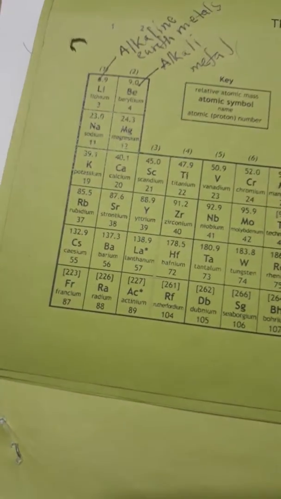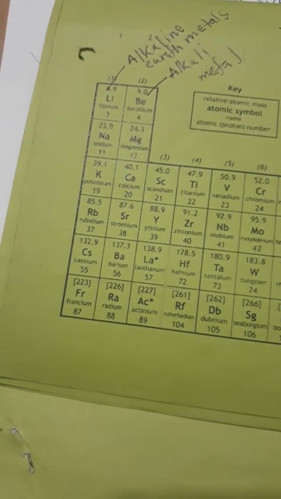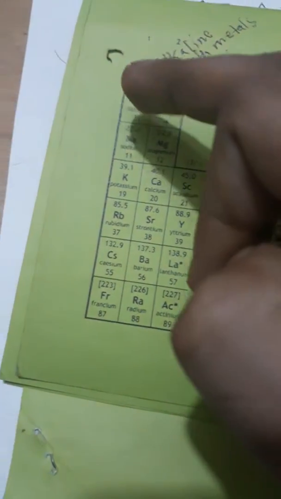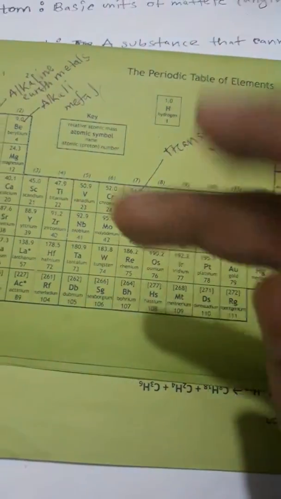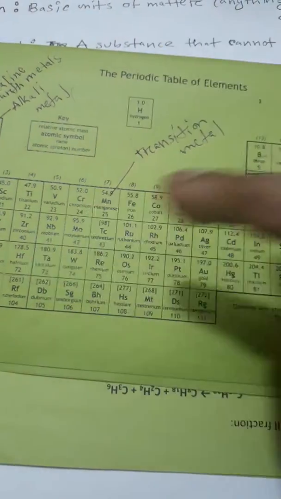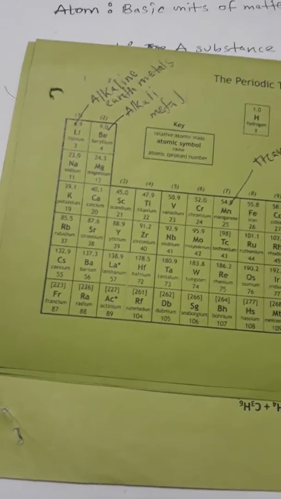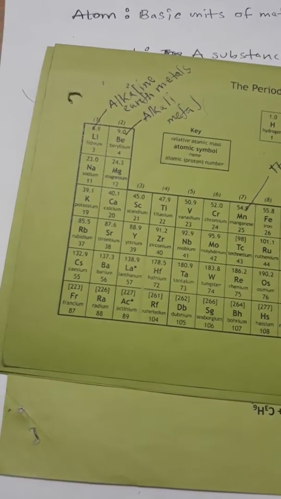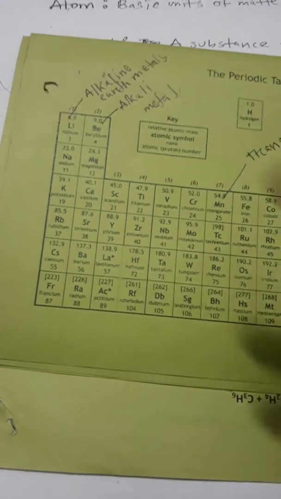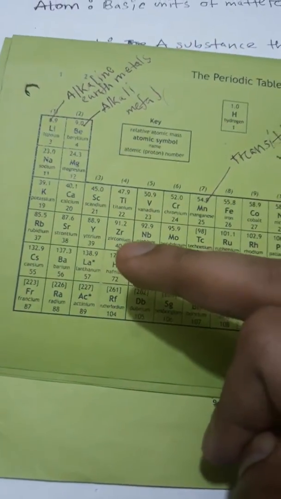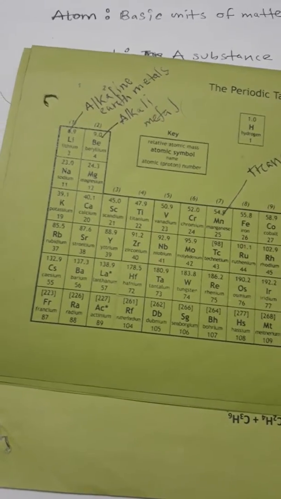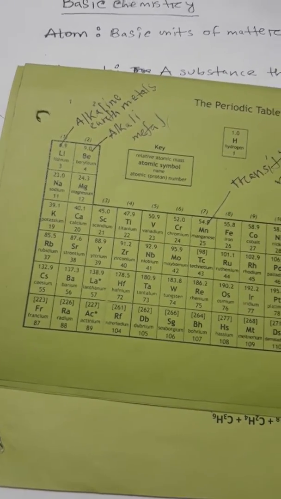Now you know already the names of group 1, group 2, between group 2 and group 3, group 7 and group 8. Now we have to know charges. Group 1 has +1 charge.